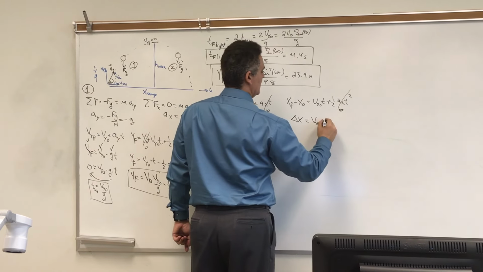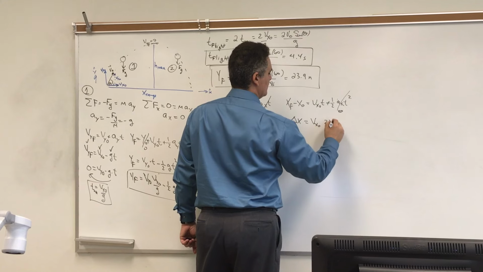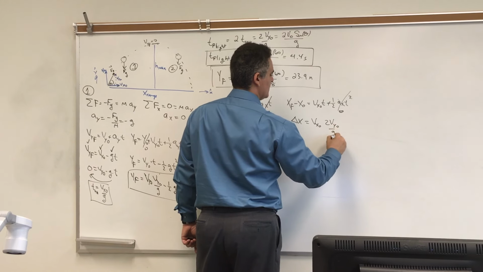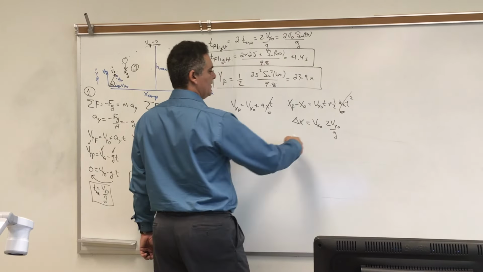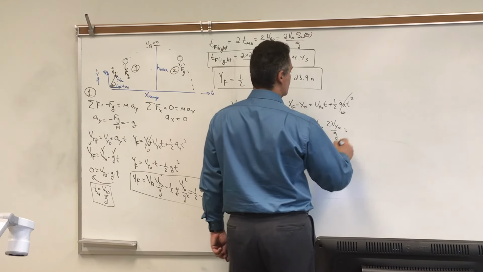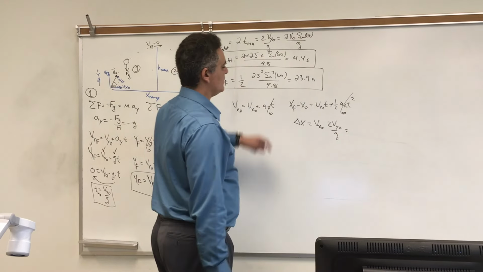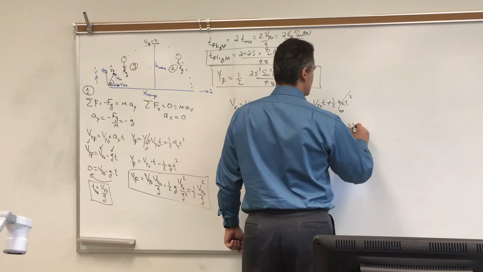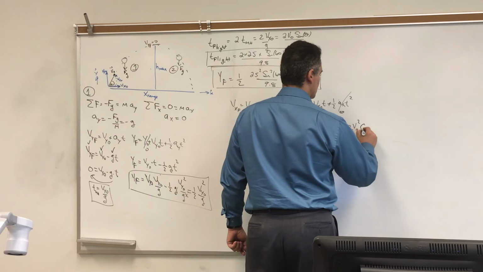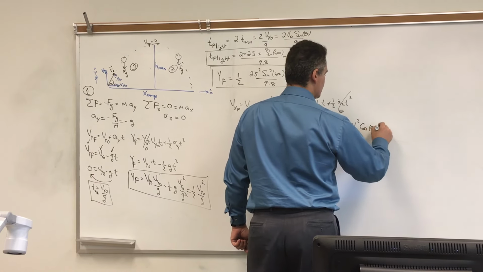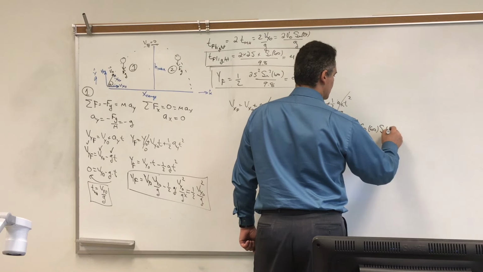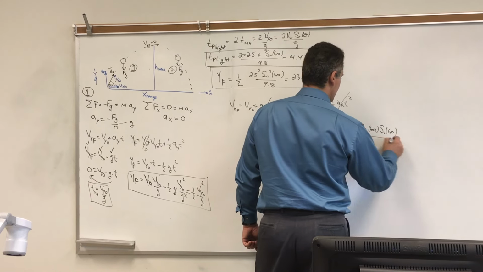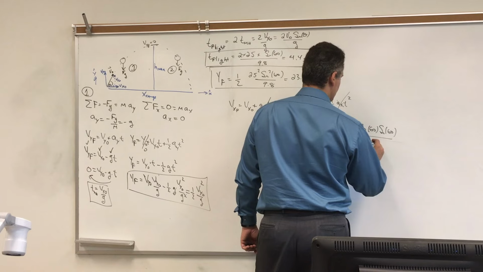Which was 2 Vy0 over g, okay? And we can simplify, so we got sine and cosine, right? So we have 2 times V0 squared, cosine of 60 degrees times the sine of 60 degrees, divided by g, right?